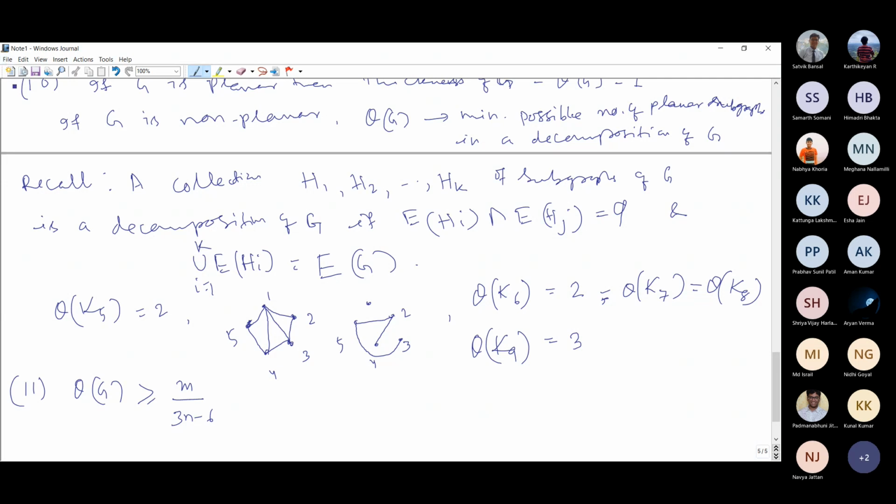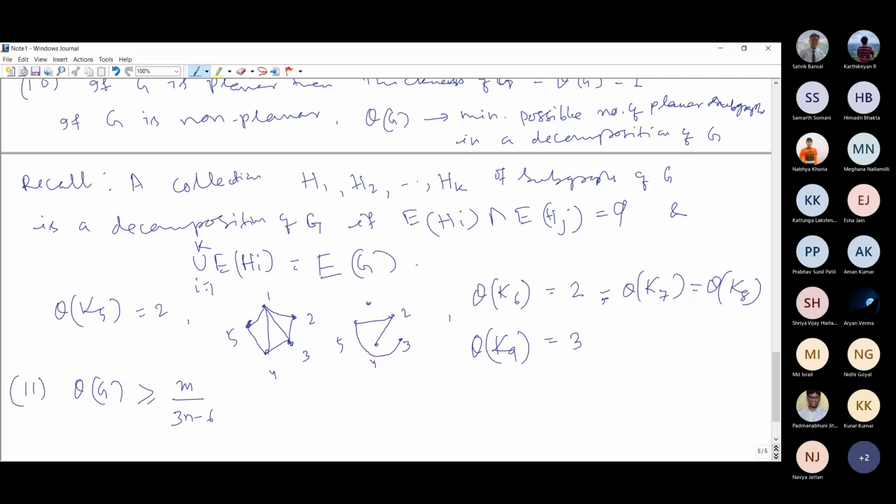Ma'am, does the thickness have an upper bound? Yes, in fact people have already given upper bounds in general, something less than n.